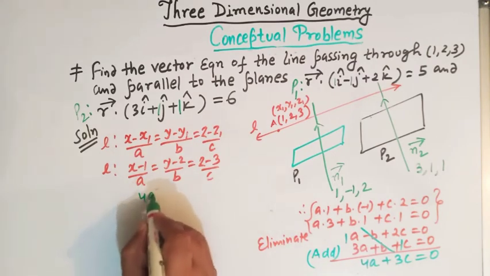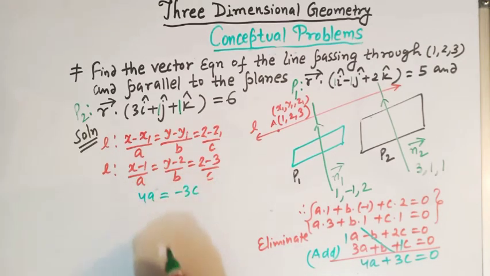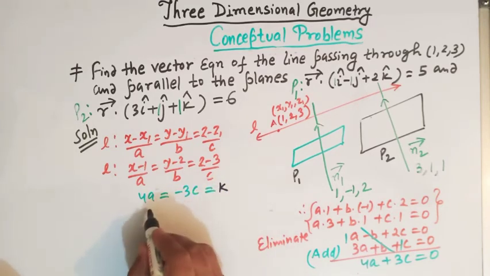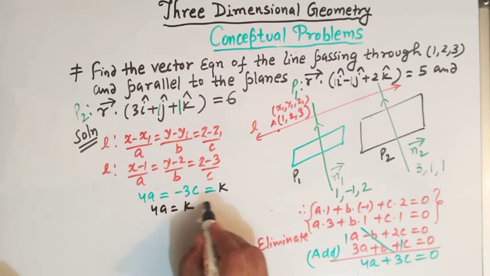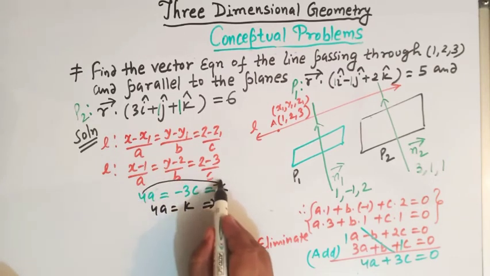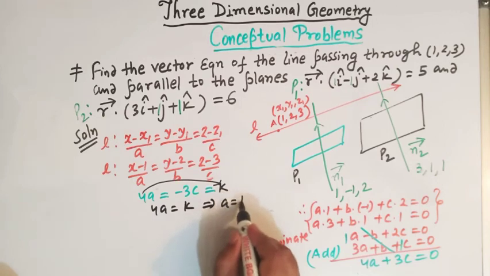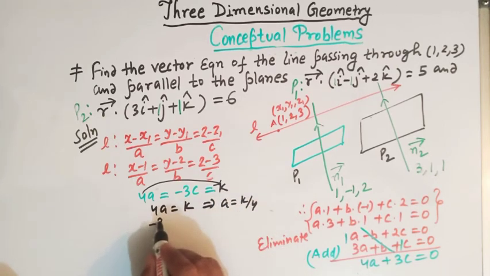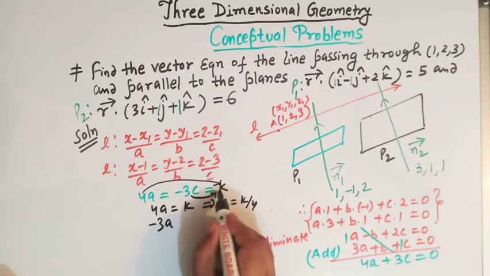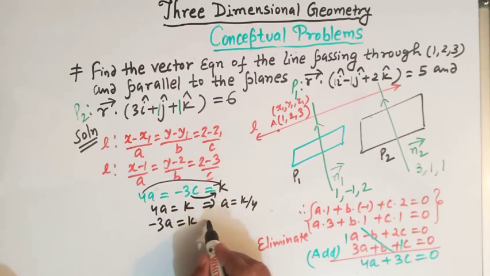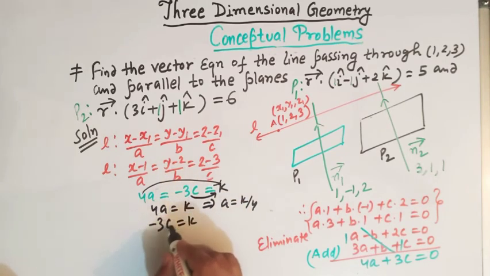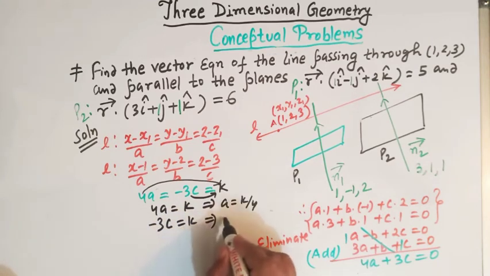From here, 4a equal to minus 3c. Now here we can introduce a parameter, say k, right? So 4a is equal to k implies a is equal to k by 4, and minus 3c equal to k implies c is equal to minus k by 3.